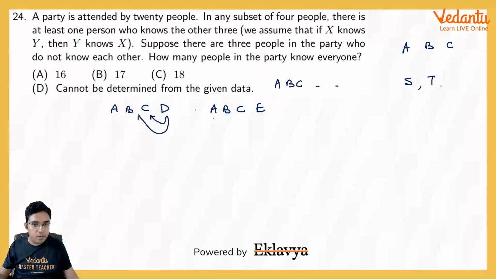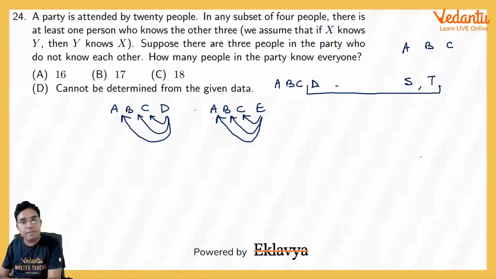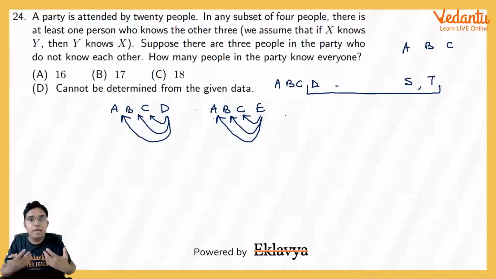So D will be knowing C, D will be knowing B, and D will be knowing A. With the same logic, E will be knowing C, E will be knowing B, E will also be knowing A. So that is one thing that we have proved, that out of D till T, all the 17 persons will be knowing A, B, C.